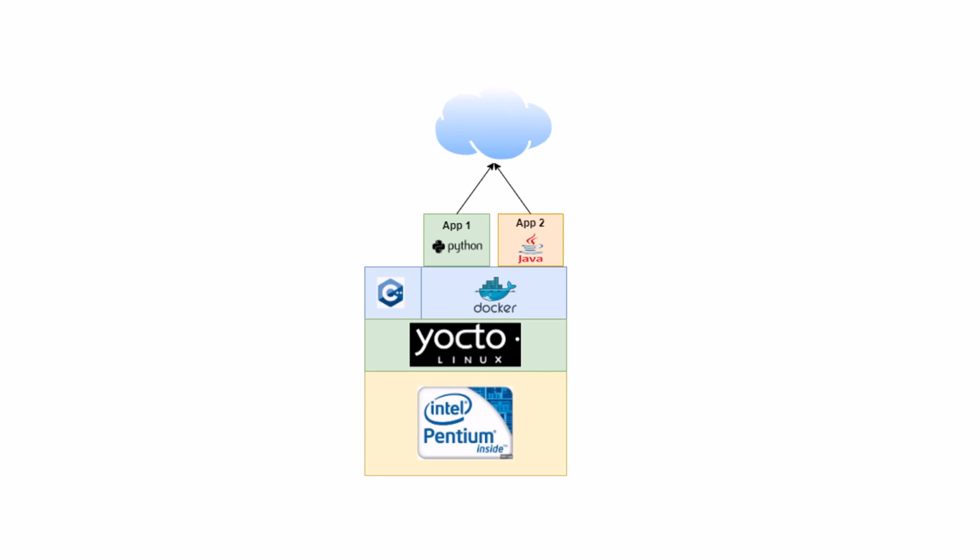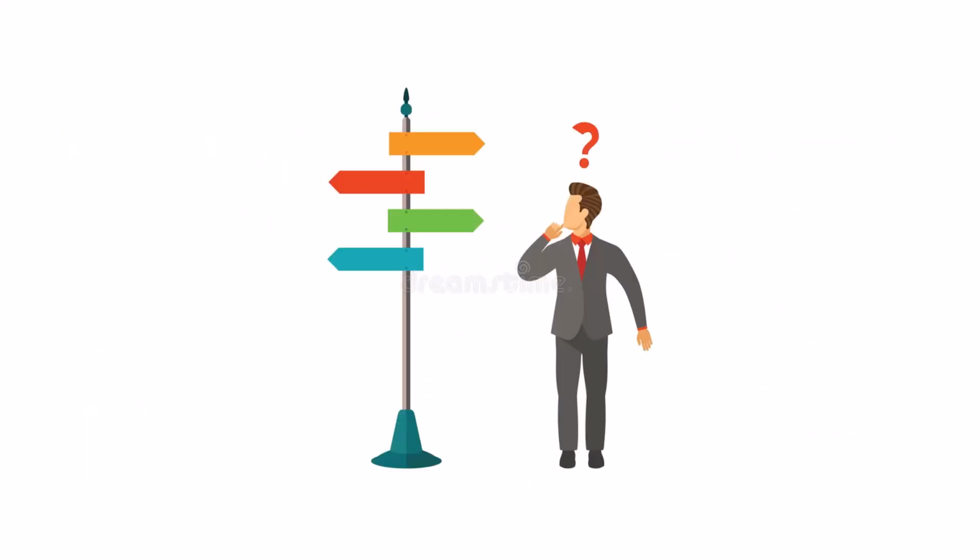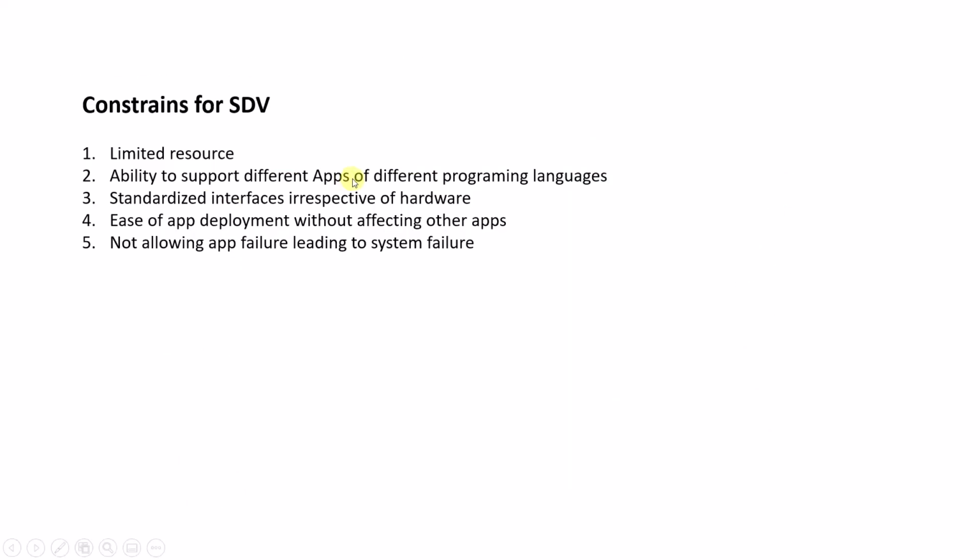So if you go back to the first slide which we were discussing, the ability to support different apps of multiple programming languages is possible using container-based OTA. Standardized interface is something which is irrespective of whatever mechanism you're trying to deploy. Ease of app deployment is very simple in container-based OTA because you have a lot of infrastructure and a lot of techniques available, because container-based update is quite popular in the cloud world.